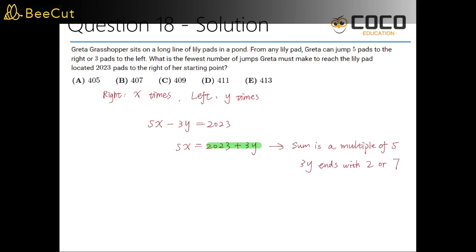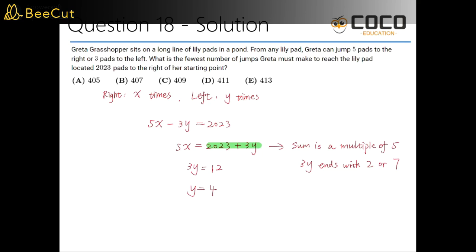If it ends with 2, 2023 plus 2, its ending is 5. If it ends with 7, 3 plus 7 is ending with 0. That's also a multiple of 5. Now the smallest one that ends with 2 is 12. 3y equals 12, so y equals 4. As for the other one, you get a larger number, 3y equals 27. So that one is not the smallest.